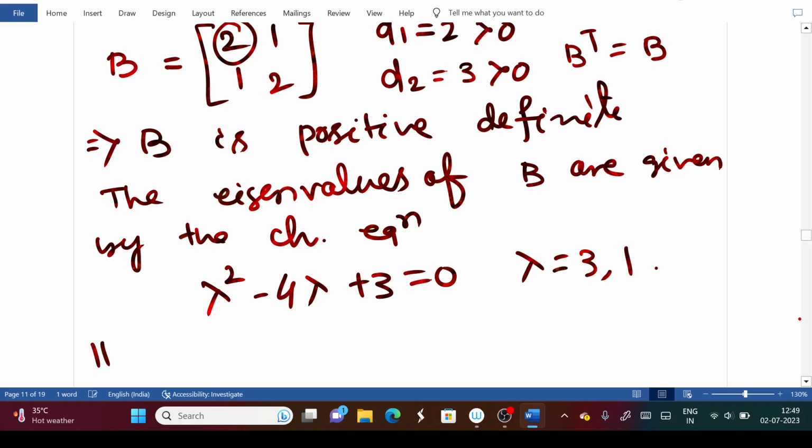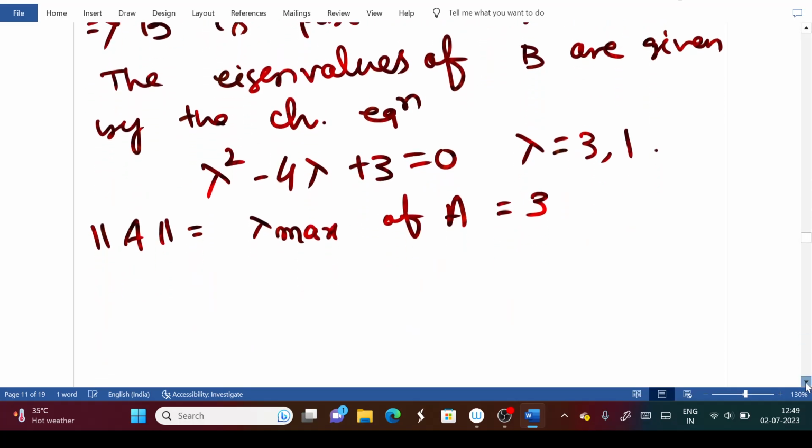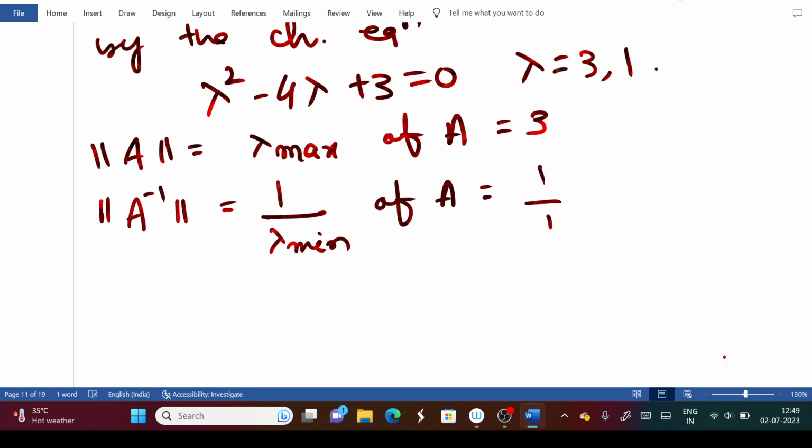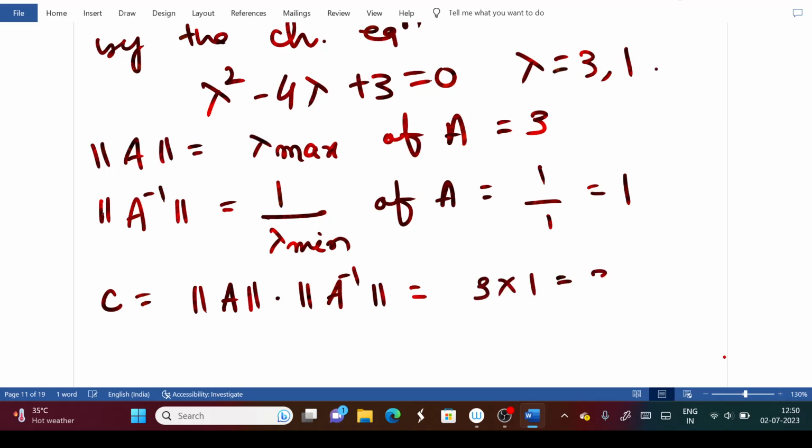The norm is equal to lambda max, that is 3. The norm of the inverse is equal to 1 upon lambda min, that is 1 by 1, that is 1. So C is equal to 3 times 1, that is 3.